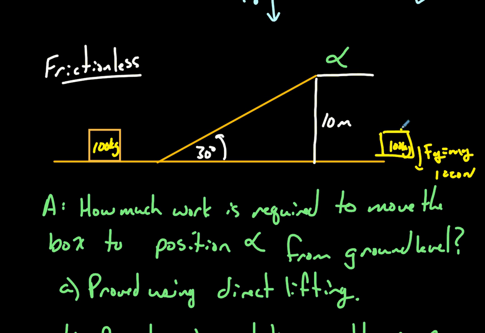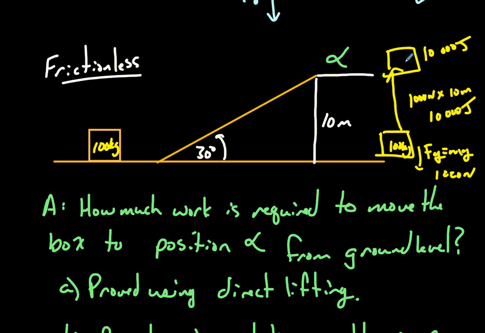So in order to lift it, I'm going to need to apply a 1,000 Newton force, right, times 10 meters. And I should get 10,000 joules in order to lift it up here. Okay, so 10,000 joules are required to lift that up here.